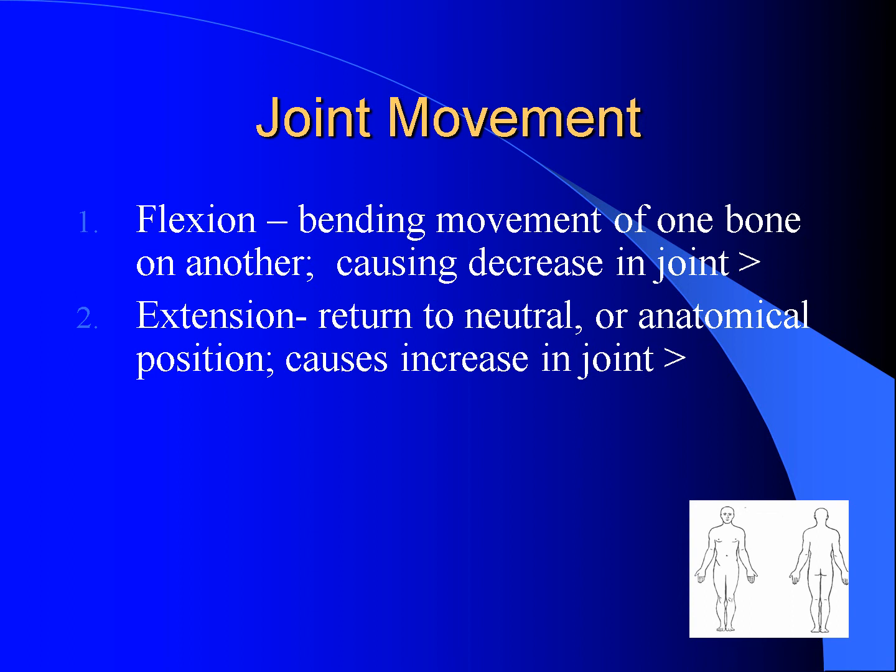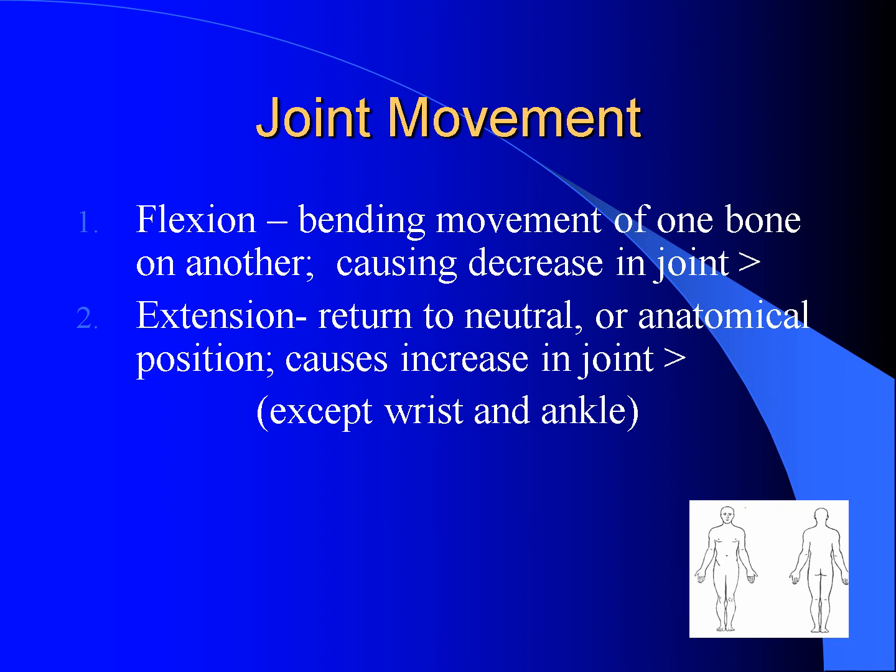Extension is moving out of flexion back to a neutral position. If we think about flexing the arm at the shoulder, we move our hand out in front of us in a straight line directly in front of the body. As we produce extension, we come straight back to a position where our arm is straight up and down and the joint angle is increasing, except with the wrist and ankle, where we're going to talk about some different motions.